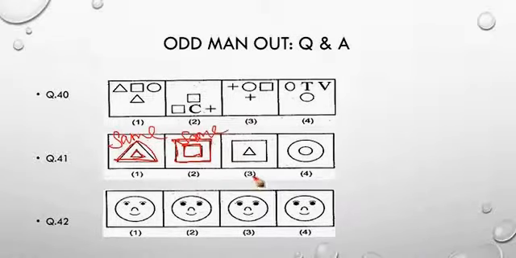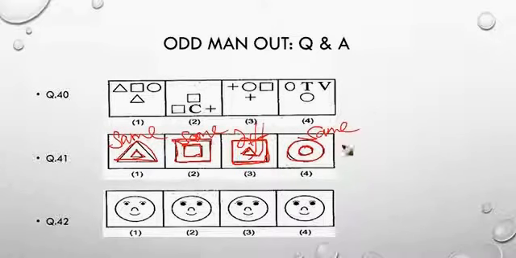Let's check in case of option 3. In option 3, outside there is a rectangle, inside there is a triangle. So both the designs are different. Let's check in case of option 4. Outside there is one oval shape, inside there is another oval shape. So both the designs are same or similar.